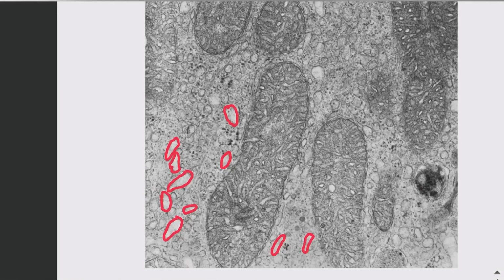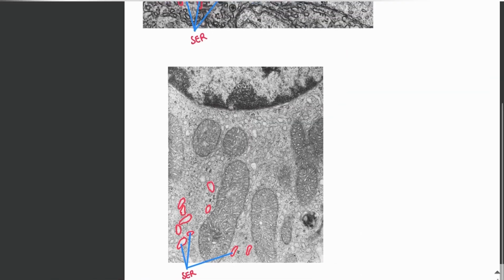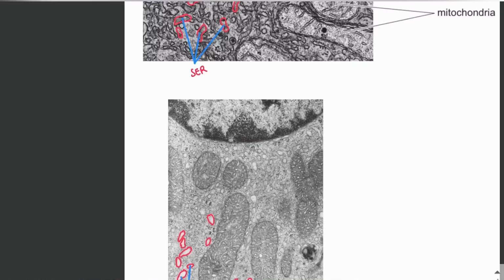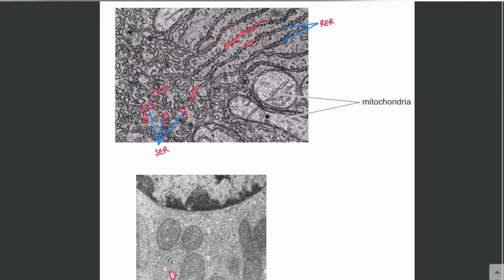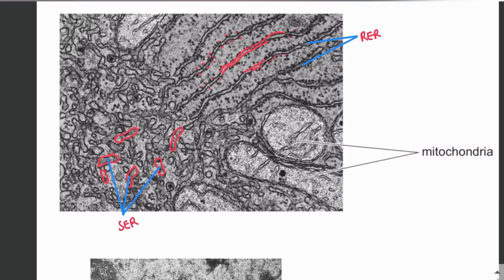Over here, these are SER, right? And you should know that SER or smooth endoplasmic reticulum are abundant or extensive in those cells which are synthesizing steroids. And RER are abundant in those cells which are secreting proteins or glycoproteins.